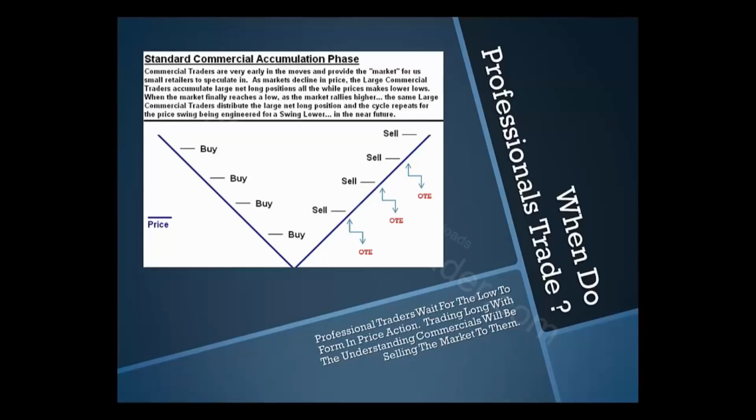Reverse everything depicted here for a top, or an intermediate term or long-term high. They would be selling as it goes up, and then buying it back as it starts to drop down. But every time price comes to a point at which they would be selling, there's going to be a retracement.